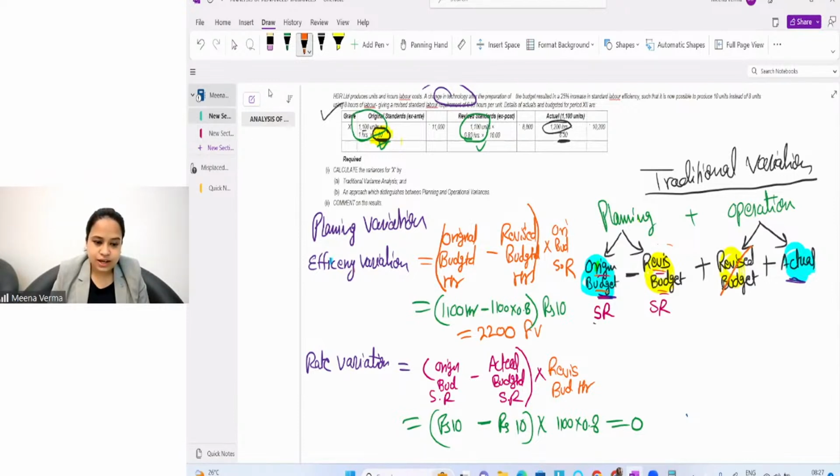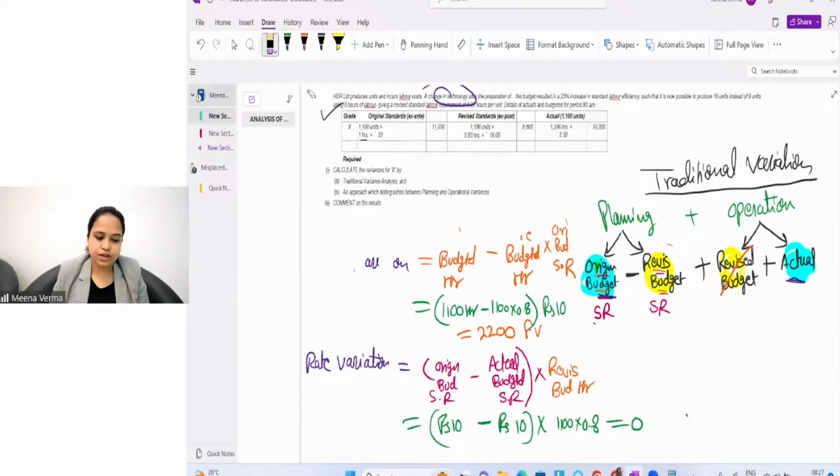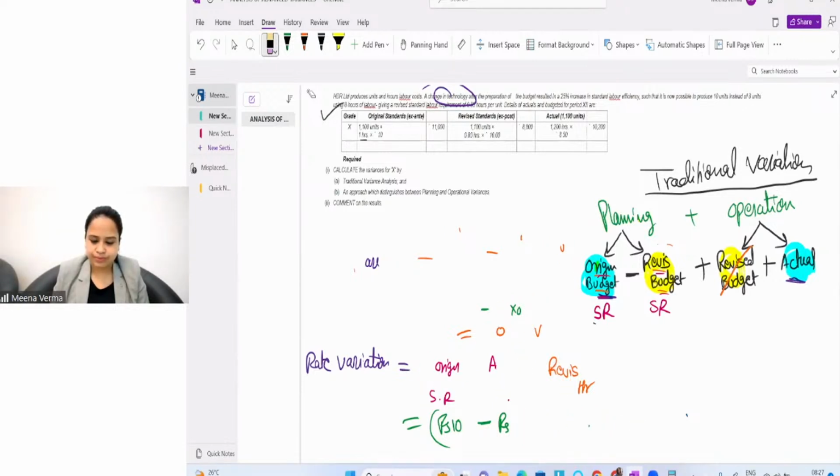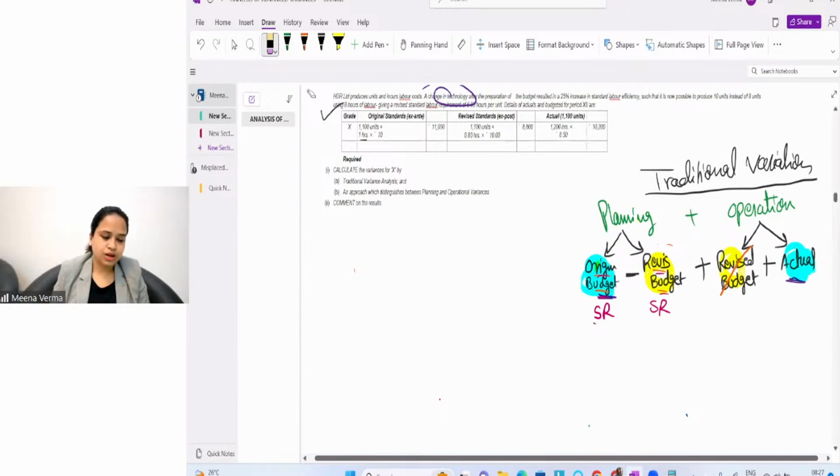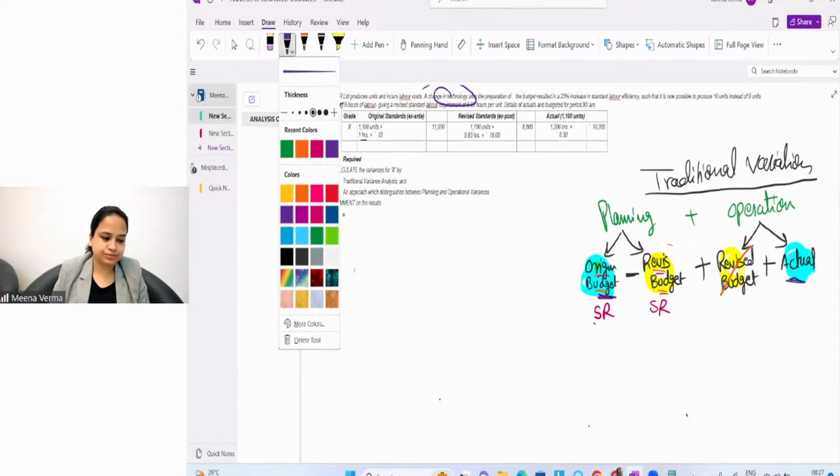Now the point is, what about the operational variations? So the point is related to what? Operational variations.